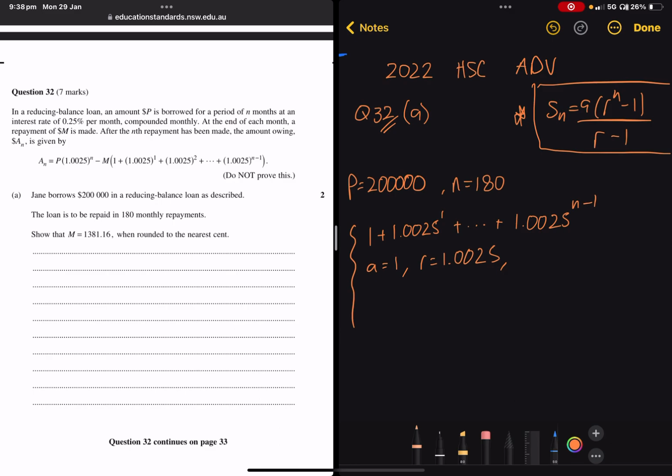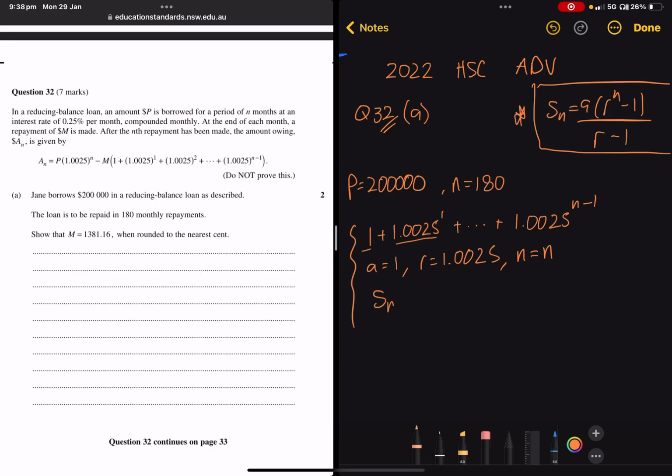The number of terms: we're going from 1, and then 1.0025, up to 1.0025 to the n minus 1. That means there are n minus 1 plus 1 many terms. n minus 1 plus 1 is just n. So there are actually n many terms in this particular geometric series.